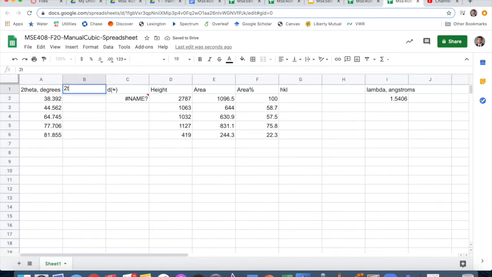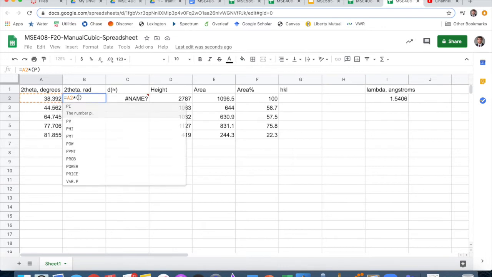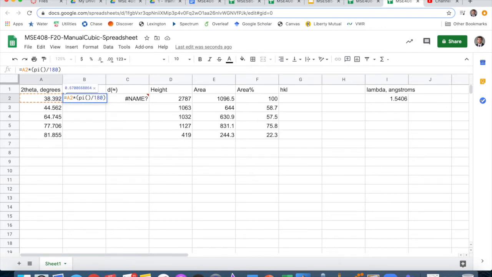So let's go ahead and convert this to radians. So if we take this as degrees, then our conversion factor is pi divided by 180, right? So that should cancel out, and that should give us radians.